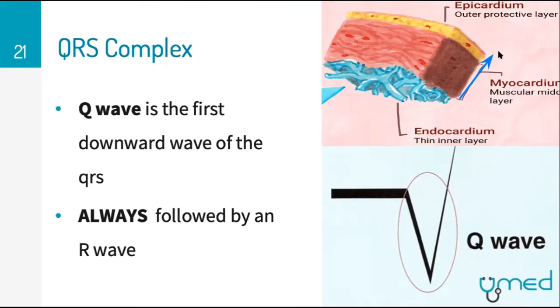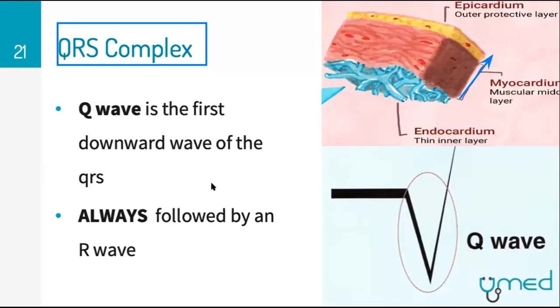So that's something important to know as well. The depolarization moves from endocardium to epicardium, and it's that depolarization that gets registered as your QRS complex that you see right here.